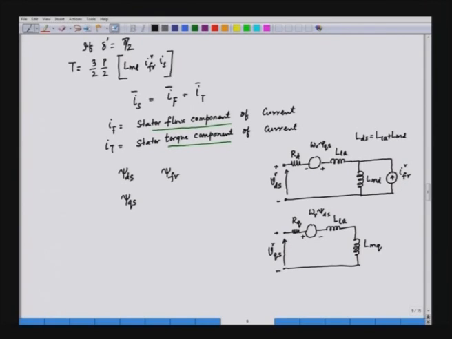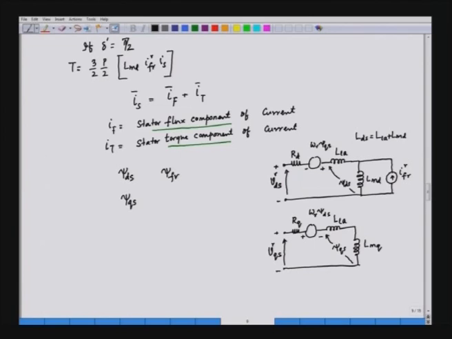The flux psi ds is this flux, and psi qs is this flux. So, if we see psi ds in this case and psi qs, we can express the magnetizing flux in the following expression.